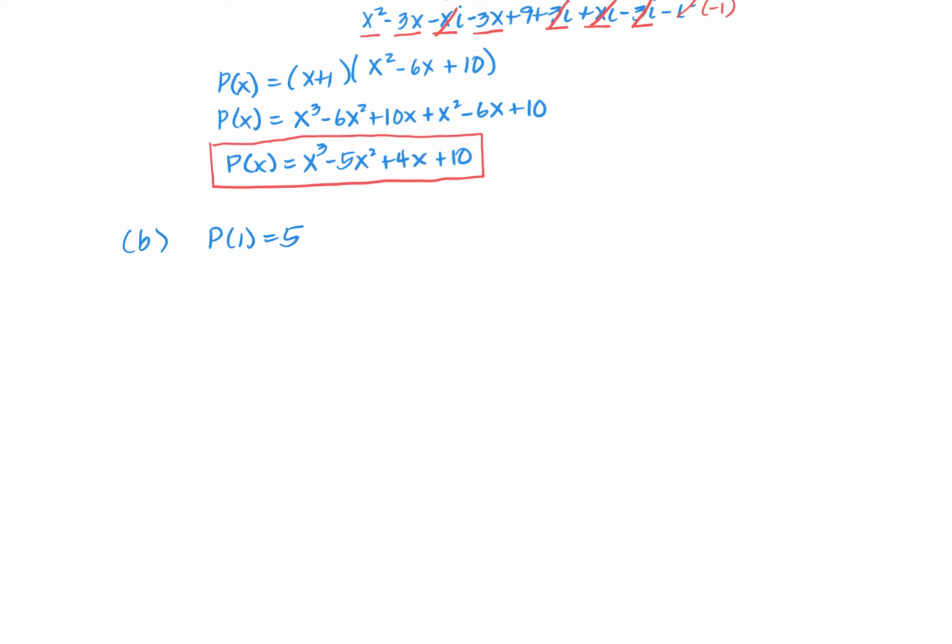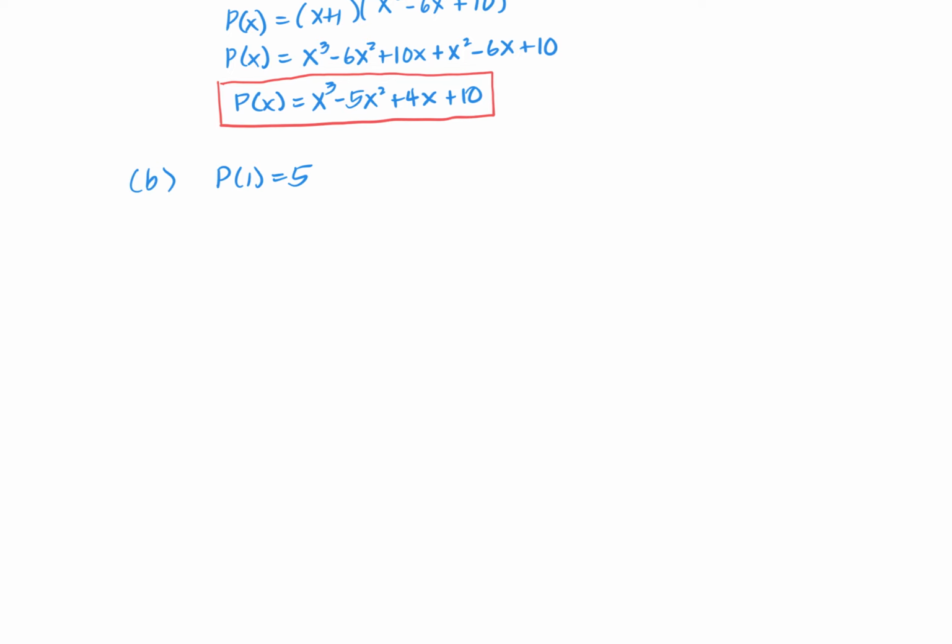So I'm just going to put in 1 for x in the polynomial I have above, and I'll get p of 1 is equal to 1 minus 5 plus 4 plus 10. Ooh. Okay, so it looks like I am getting 10. So I don't have p of 1 equal to 5.